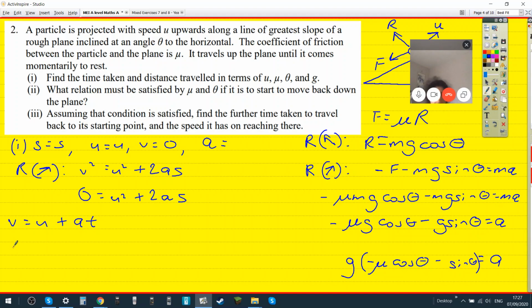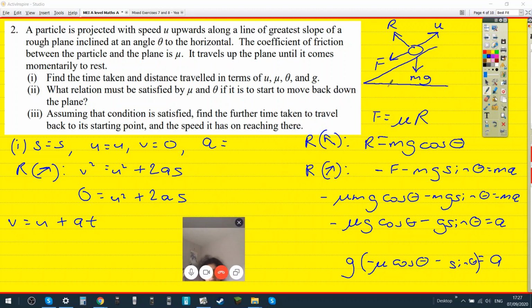Wait, shouldn't it be plus sine theta if they're both going down the plane? Because f and mg sine theta are in the same direction. But it was minus f because we resolved that way with the u. But since u isn't a force, you could just do f plus mg sine theta because it makes life easier.